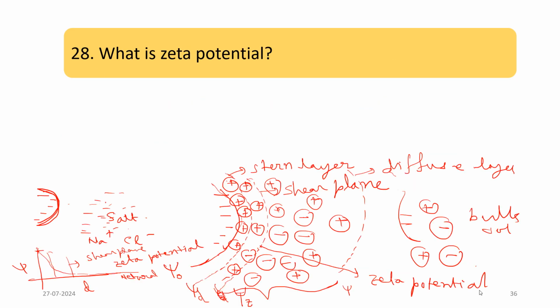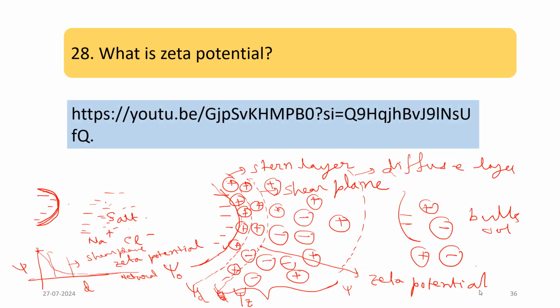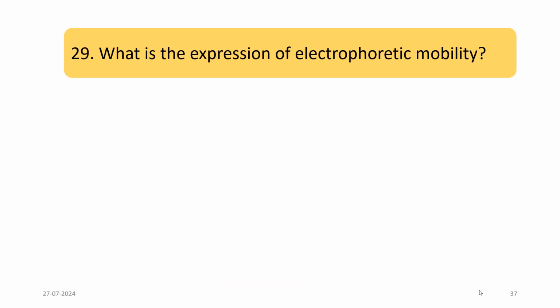Next comes the zeta potential, which I have already explained. Next is the expression of electrophoretic mobility.